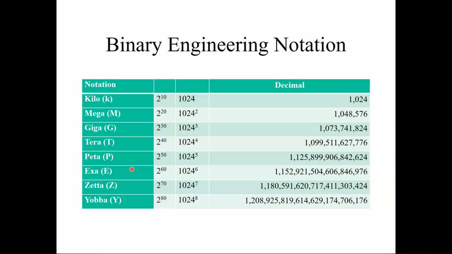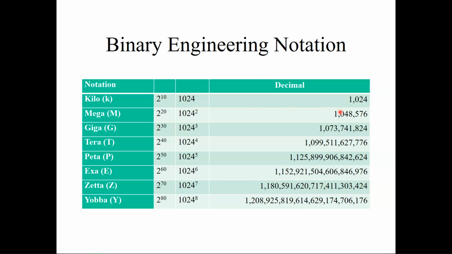So binary engineering notations. This is where it starts to get really big. In kilo, you have 2 to the 10th. Its original number is 1024.